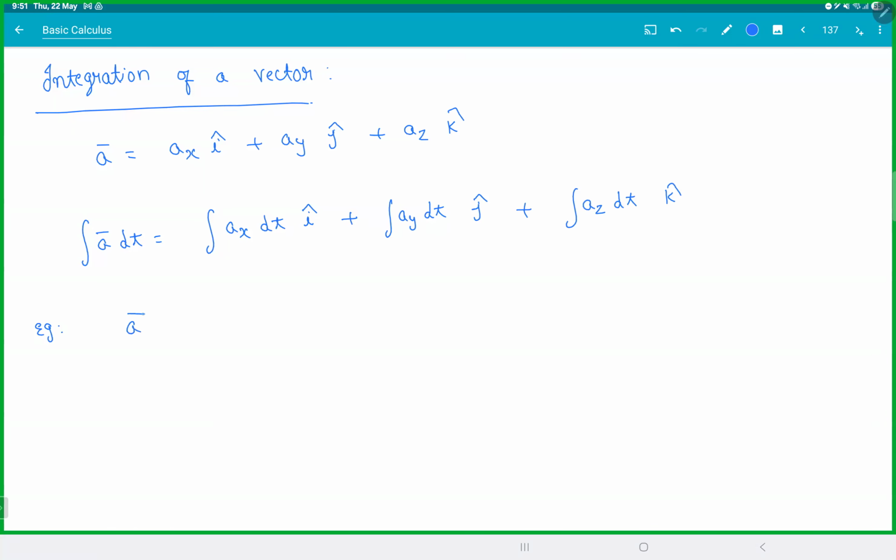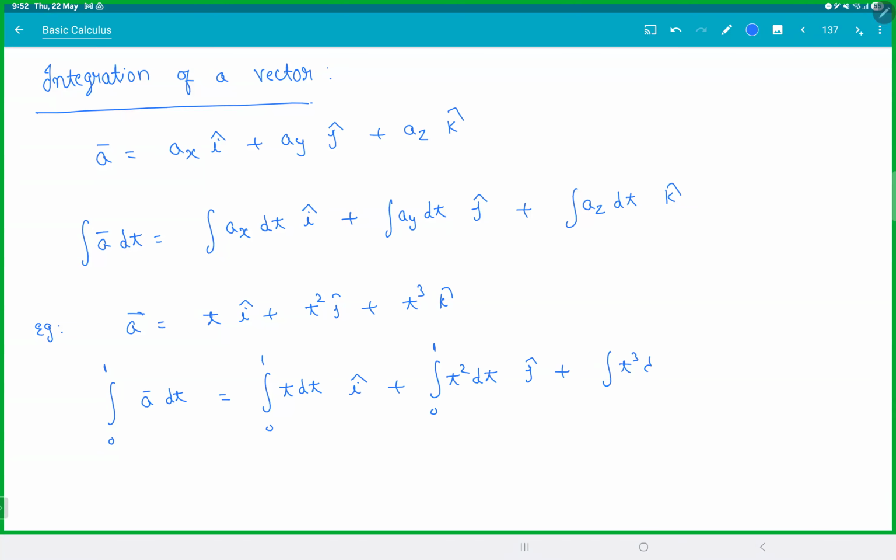Example: if someone gives you A bar is t i cap plus t square j cap plus t cube k cap, and they ask you to integrate A bar dt from 0 to 1, this will be integral t dt from 0 to 1, put the i cap here. Integral t square dt from 0 to 1, put your j cap here.